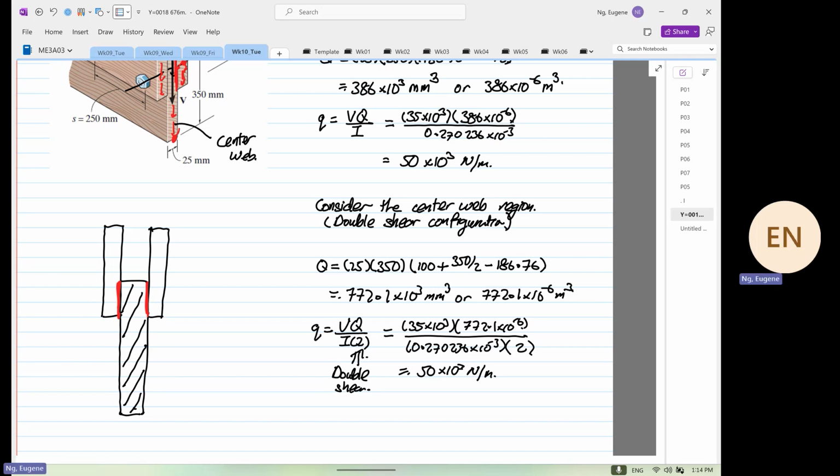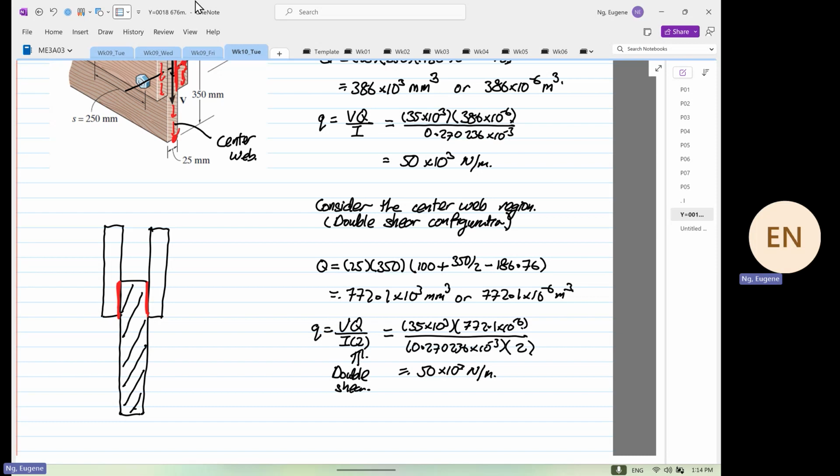Take it from the top, take it from the bottom, your answer shall be the same. So this proves our hypothesis is correct. Are we clear? This is one of the special cases where you can cross the first moment of area, you can cross the centroid.